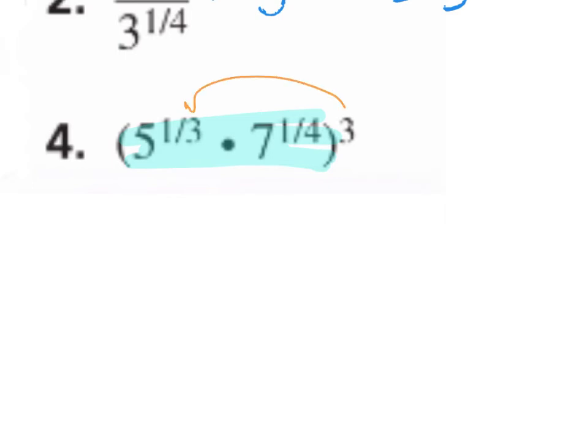So we have 5. What's 1/3 times 3? 1. Because it becomes 3 over 3, which simplifies to 1. We don't even need to write it if it's 1. And then what is 1/4 times 3? 3/4. So our answer is 5 times 7 to the 3/4. Any questions on this part?